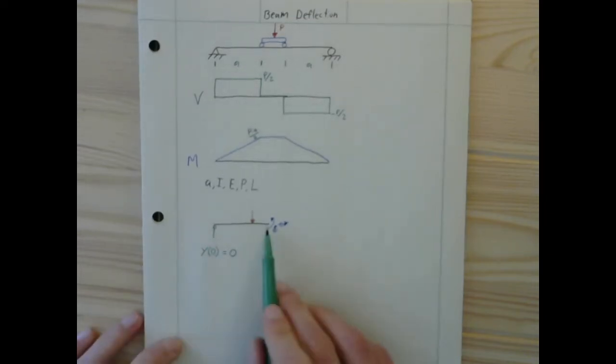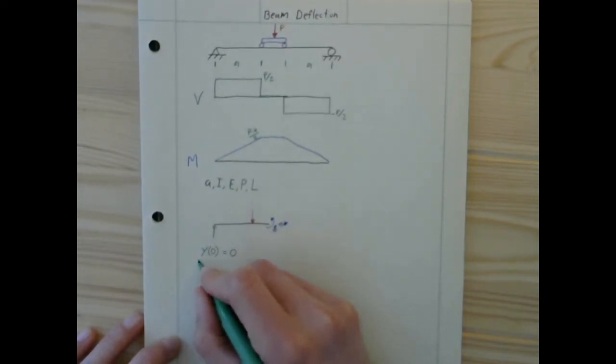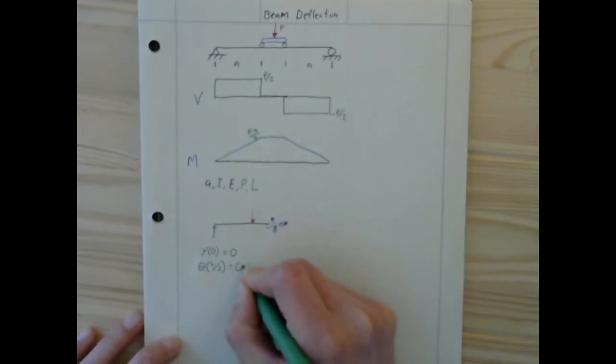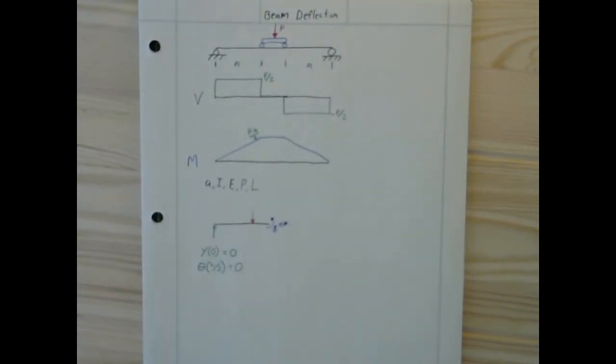At this point right here, we do not know what the deflection is, at L over 2. There is going to be some deflection, we don't know what it is. What we do know is that the rotation at L over 2 is 0, right? Because it's symmetric, so that rotation has to be 0. And so we've got both of those that we can work with.